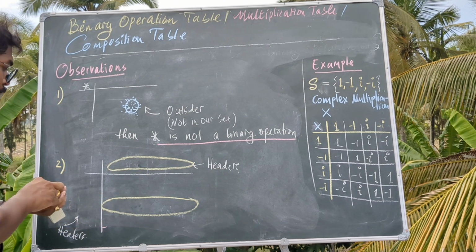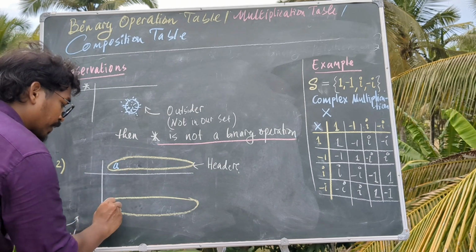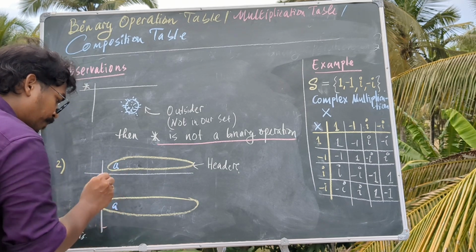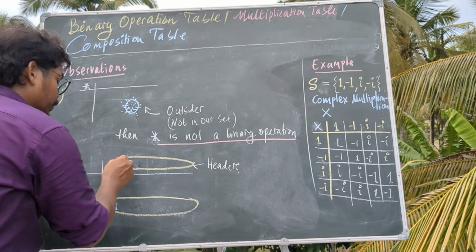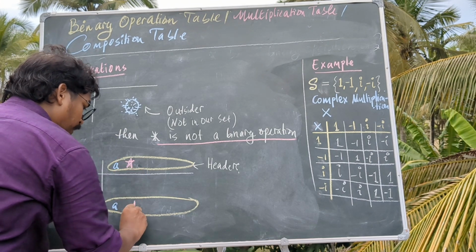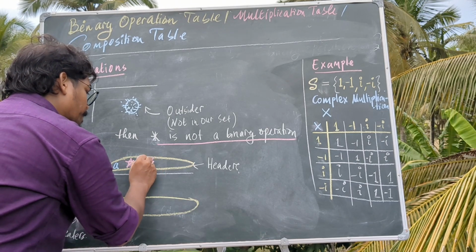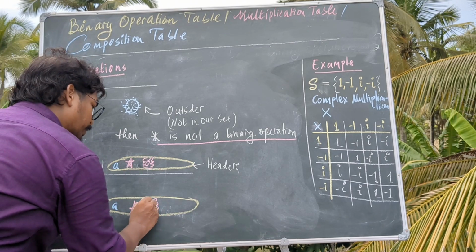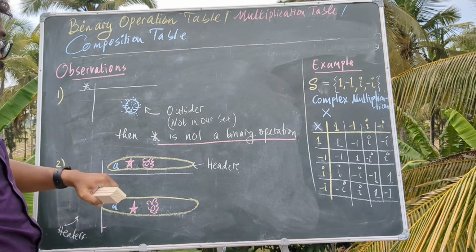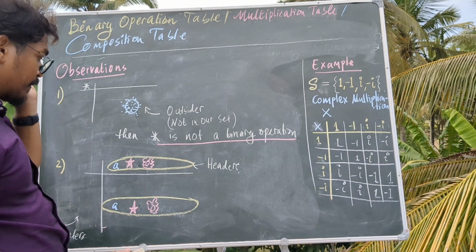That means suppose I have element A here, then in this column we have A, and suppose the element is star here, and we have star here, or flower, and we have a beautiful little flower element here. This row is the exact copy of this one.